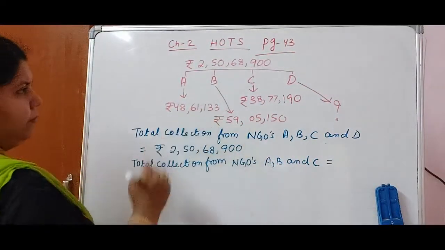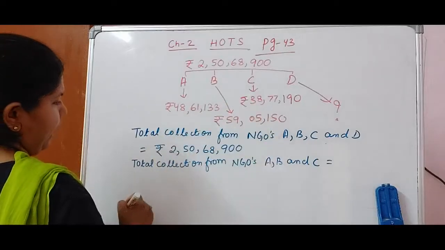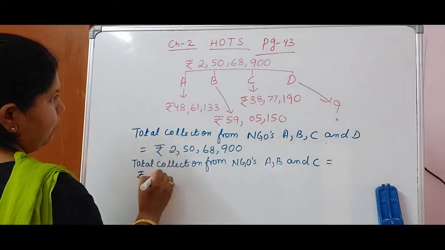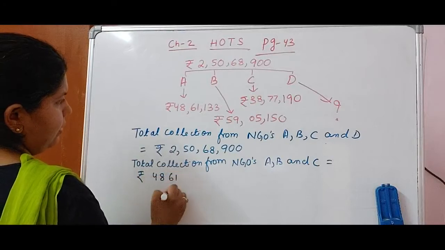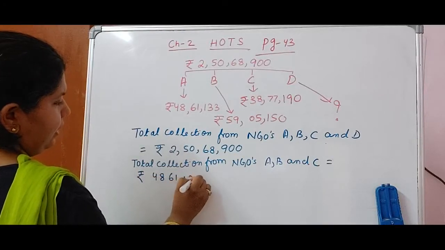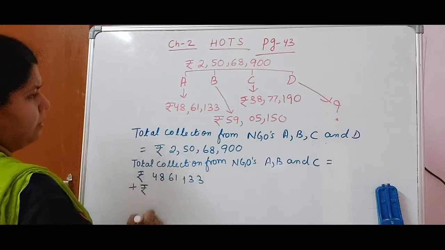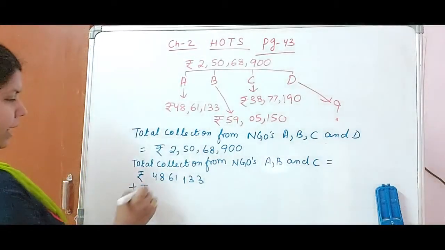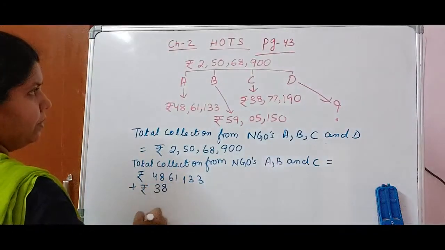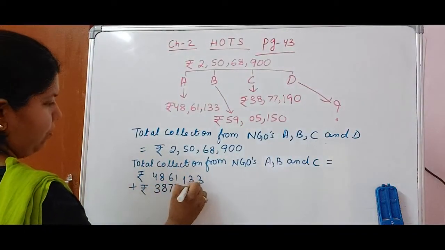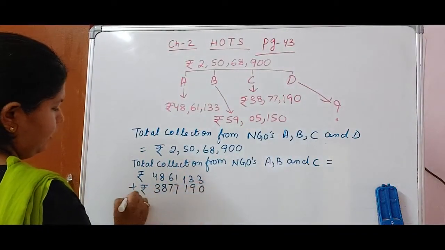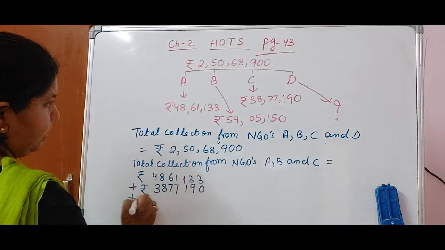You have to add up these 3 amounts. That is rupees 48,61,133 plus rupees 38,77,190 plus rupees 59,05,150.